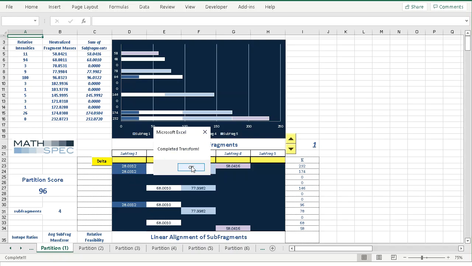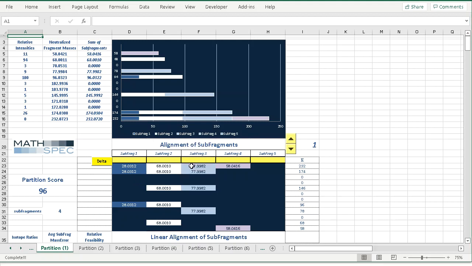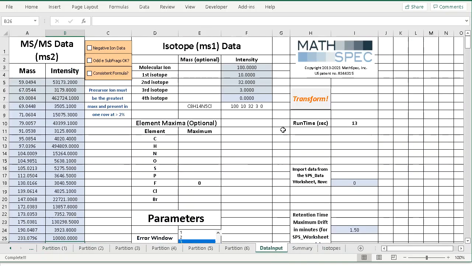So the transform is complete, and now we have modular structures and partitions. If I move this over, go back to data input. So this particular run took 13 seconds.